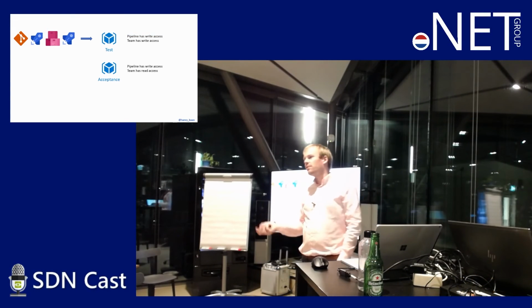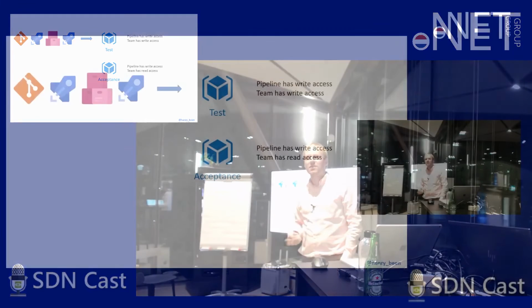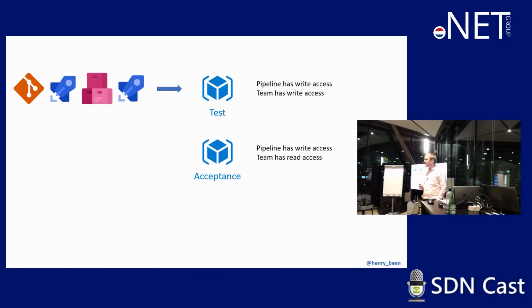I can create an acceptance environment where the team just has read access to check if things are working correctly, and if not, it cannot just quickly fix and change them. It has to start in Git again and follow an automated process to get that change to acceptance. And once we are very confident that everything is correct in acceptance, we can deploy to production where we cannot see anything, but we can be very confident that it works there as well.